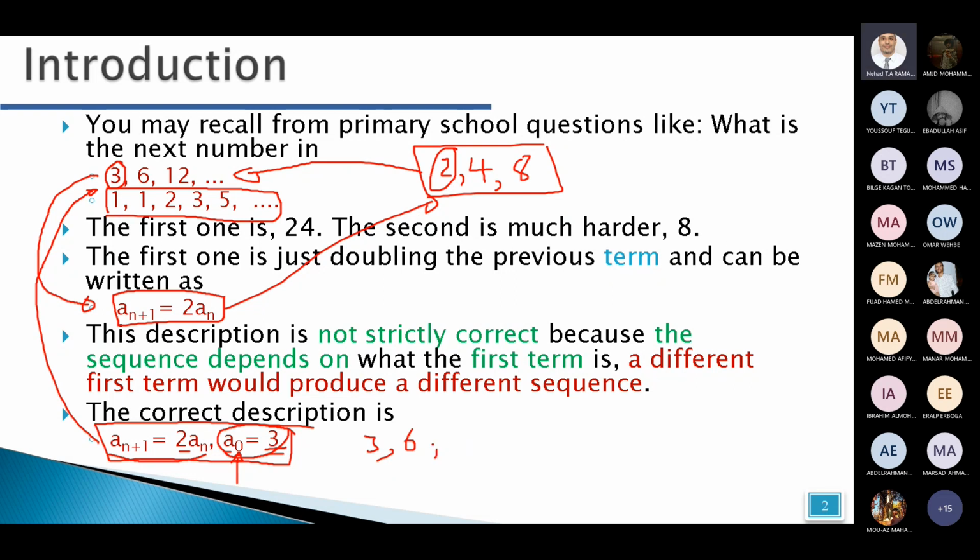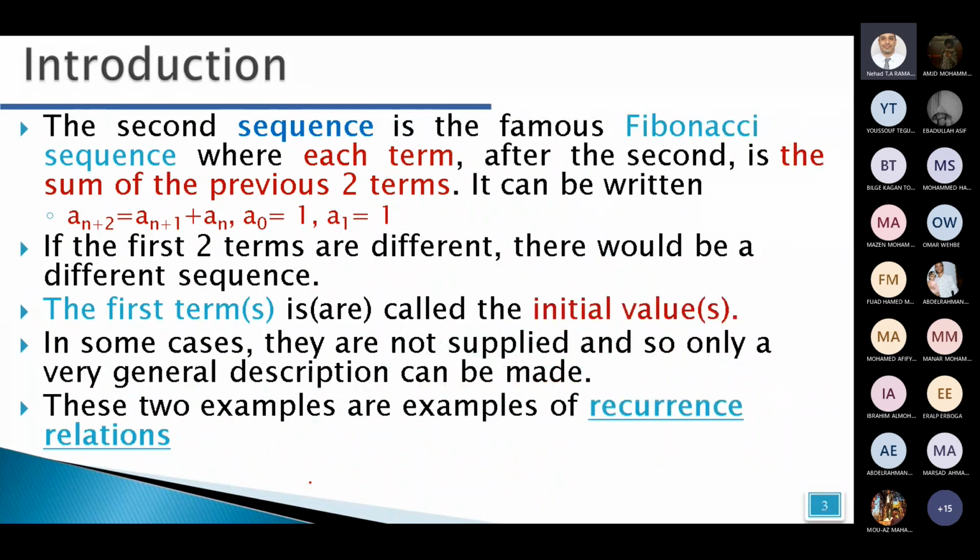The next one, 6 multiplied by 2, is 12, and so on. So for describing the sequence, we need the recurrence relation plus the initial terms or initial values. Could be one term, two terms, or three terms.